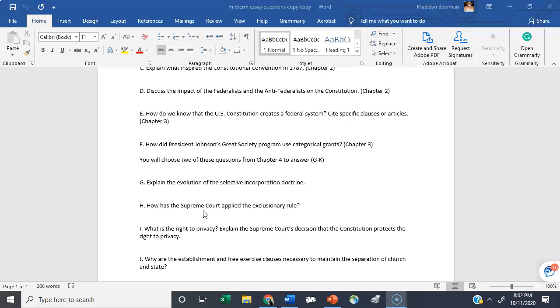I didn't spend a whole bunch of time talking about Johnson's Great Society program back in chapter 3. So I did talk about it, and I talked about categorical grants. So that's one that you probably want to dig into a little bit more and make notes on.